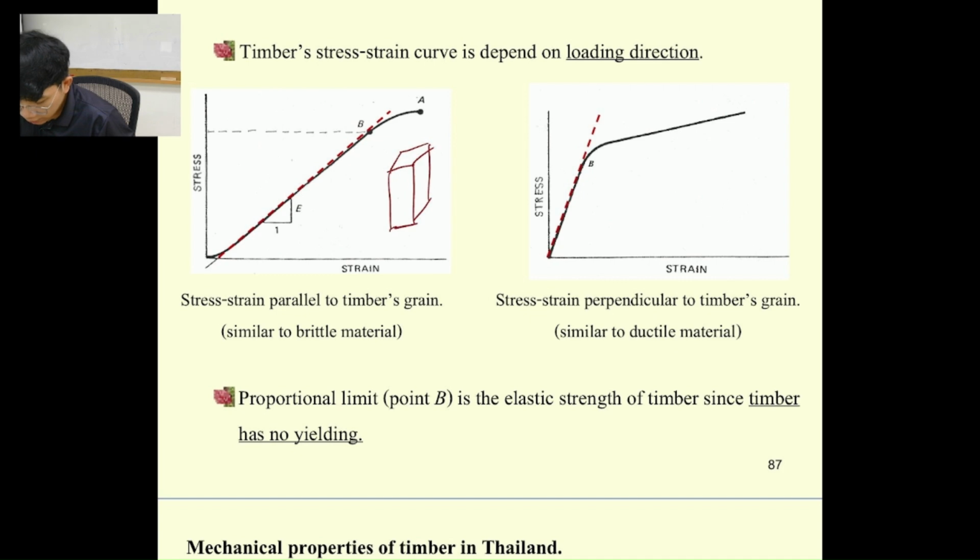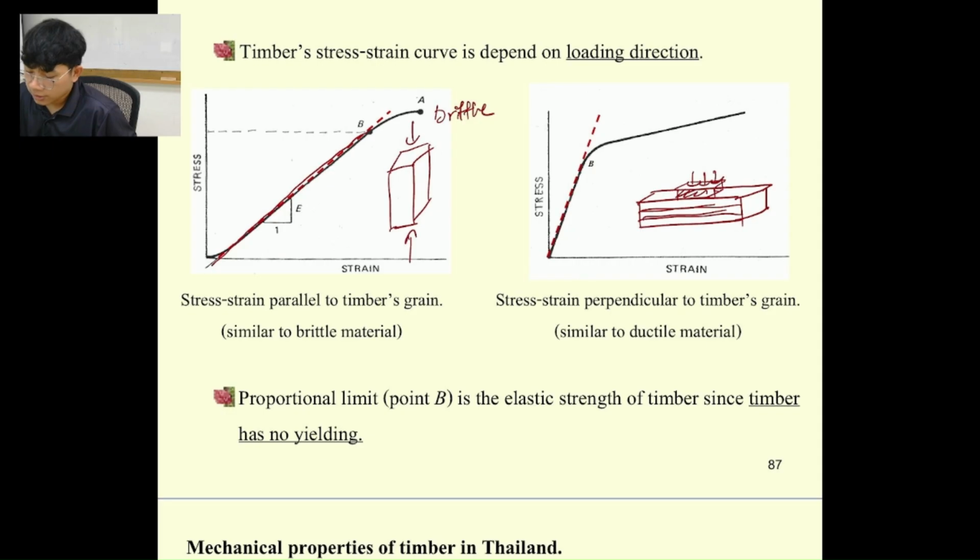When you test parallel to the grain, you can see that you get failure as a brittle material. But when you test it perpendicular to the grain like this, and put the metal plate on top and apply the load, it behaves similarly to a ductile material.